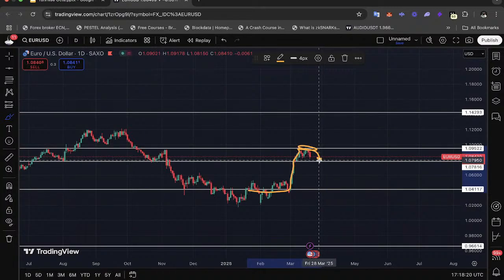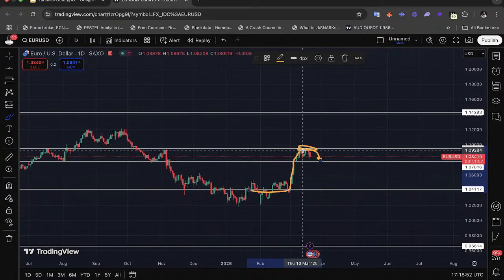Now this slight pullback is most times inevitable, right? Because when there is a consistent push up in price, some traders or institutions who have made money buying up would want to sell at some point.